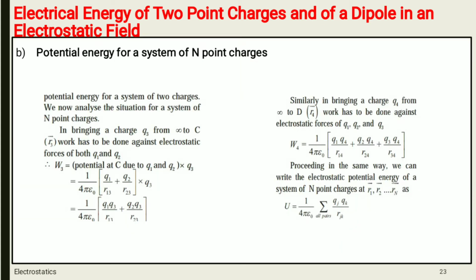Along with that, we are going to bring a charge Q3 from infinity to point C, at distance R3, that is, its position vector is R3, and the work done is against the electrostatic force of both Q1 and Q2.